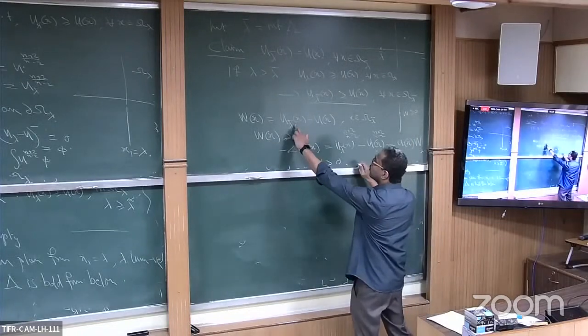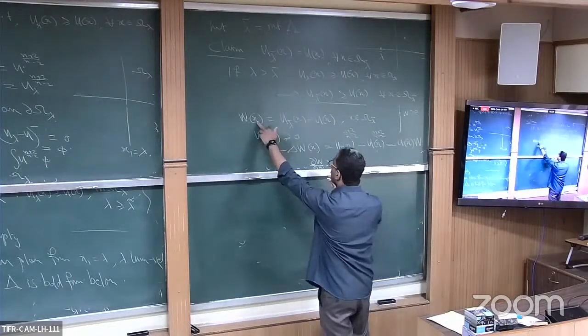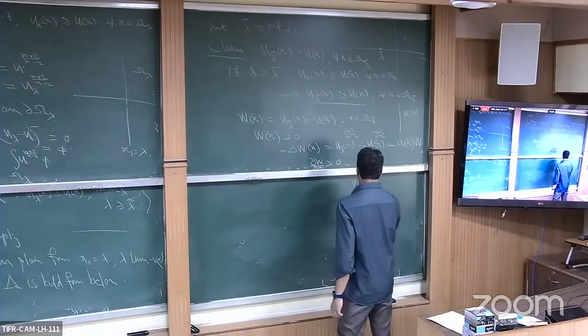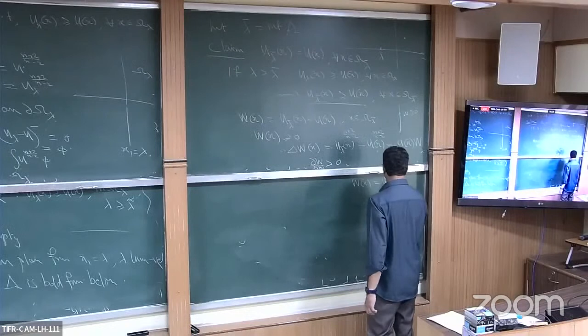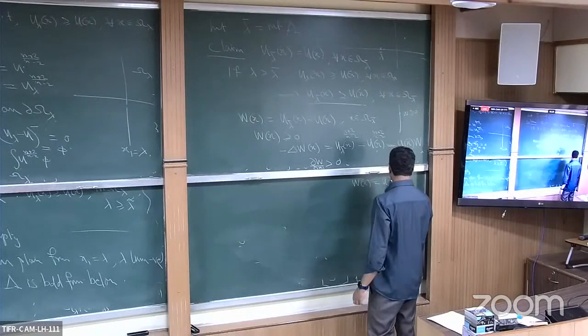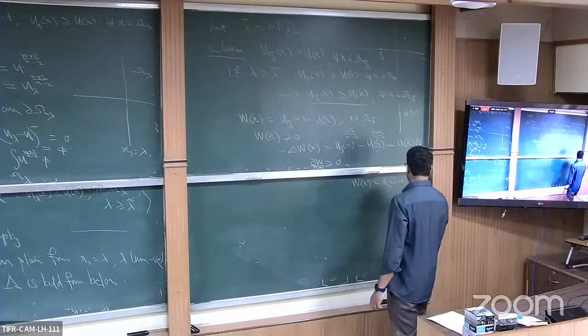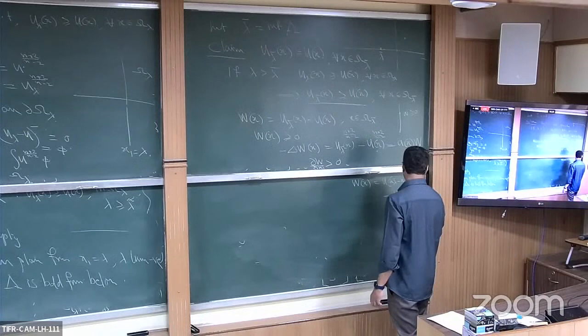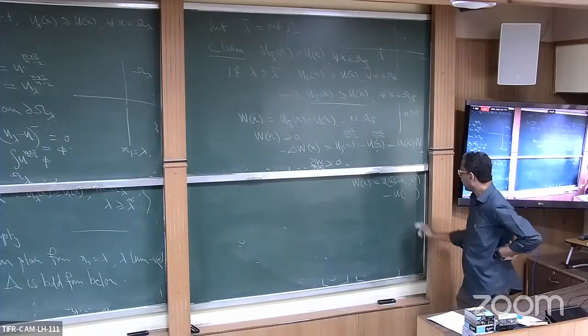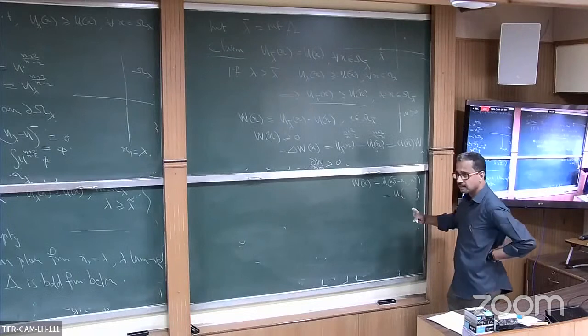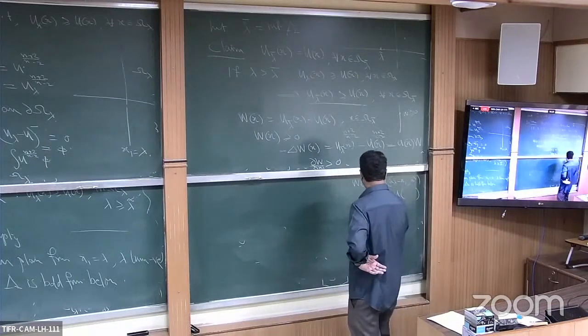So when you calculate this, what do you get? What is this w? Now look at that, w of x is going to be u lambda bar of x. That is nothing but u at (2 lambda bar minus x1, x') minus u at (x1, x'), right?